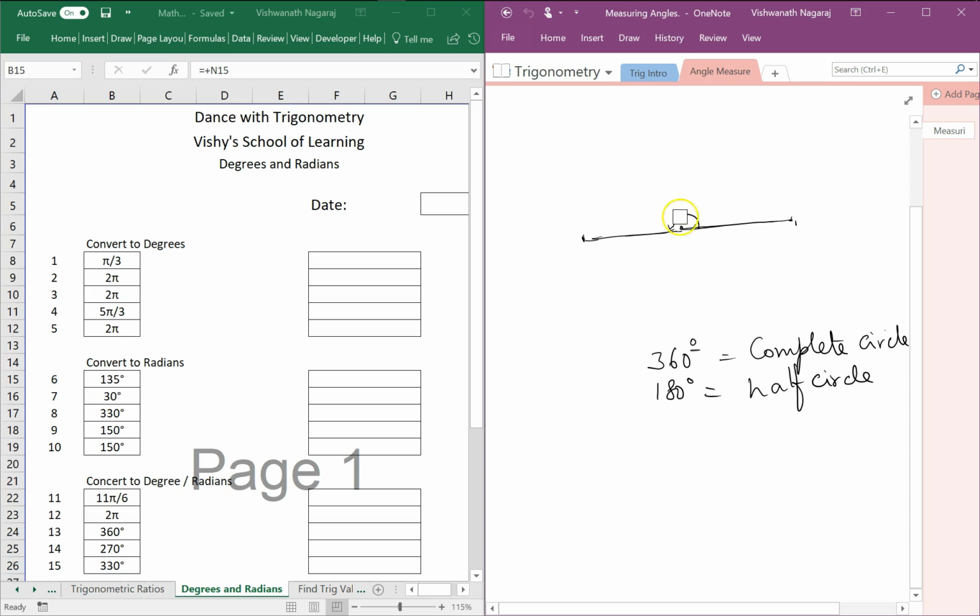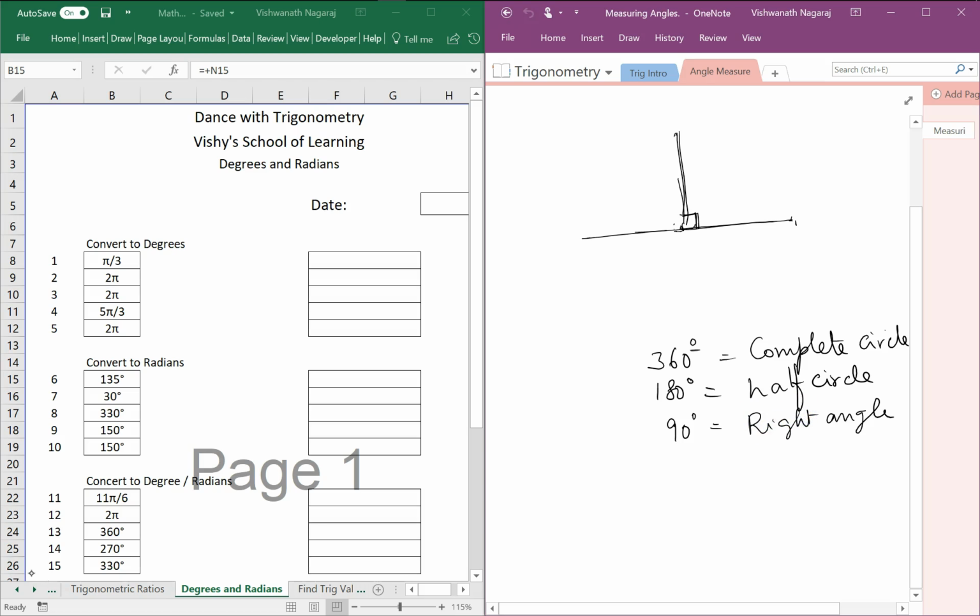Okay, now let's take it like this. What happens if this is a right angle? Now remember, a right angle we know is 90 degree, but otherwise also it is half of a half circle, so it has to be half of 180 degree. So 90 degree is a right angle.